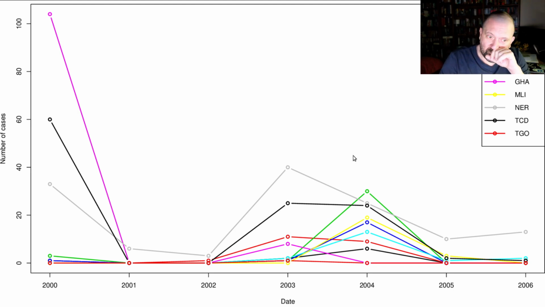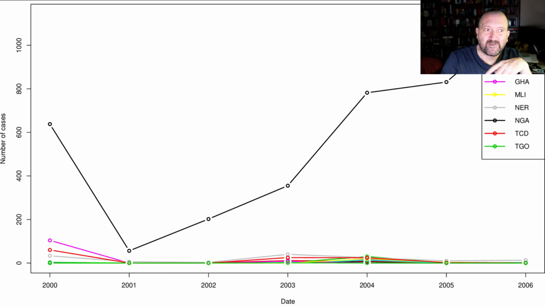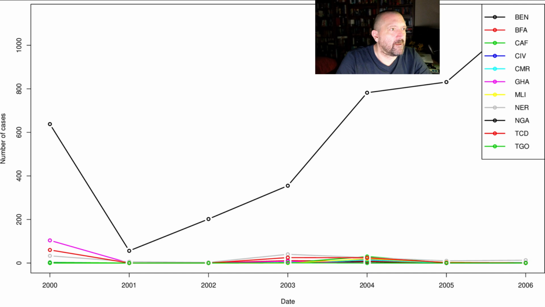So what I'm not showing you here is the numbers for Nigeria. So Nigeria had much, much higher caseloads, and so I should show you the labels.